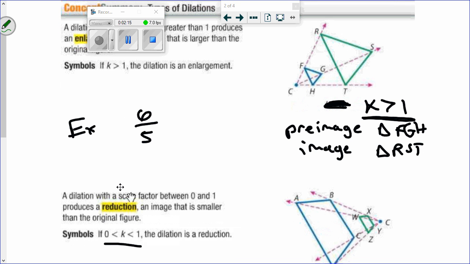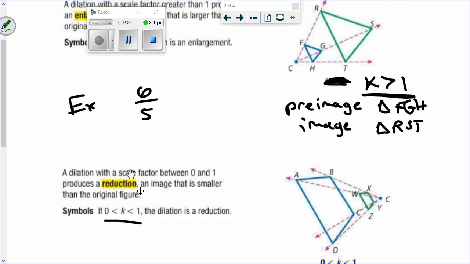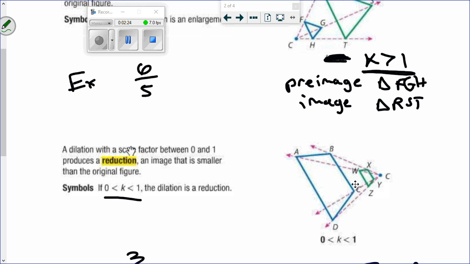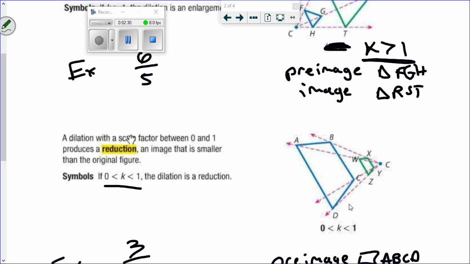The second type of dilation has a scale factor between 0 and 1, which produces a reduction, an image that is smaller than the original. Here the pre-image is trapezoid ABCD, with the image being trapezoid WXYZ.